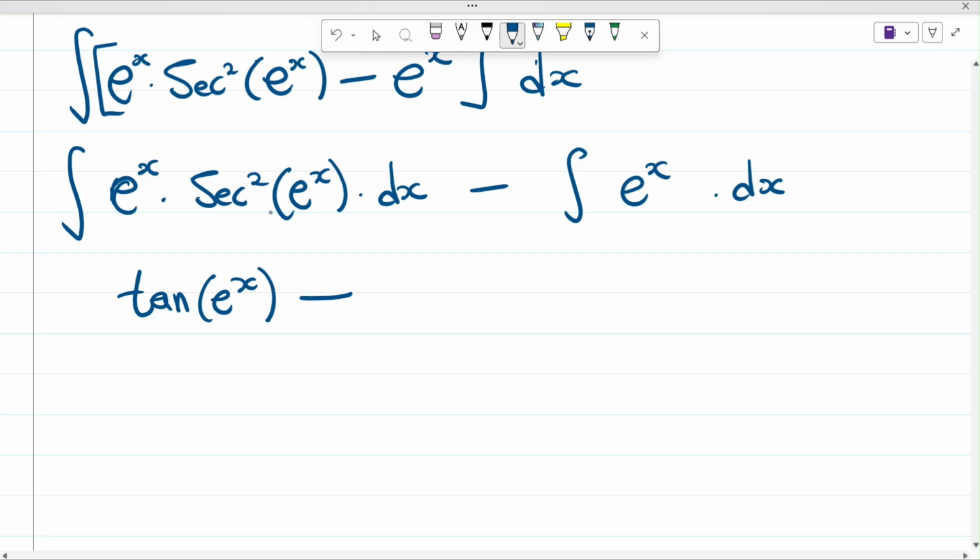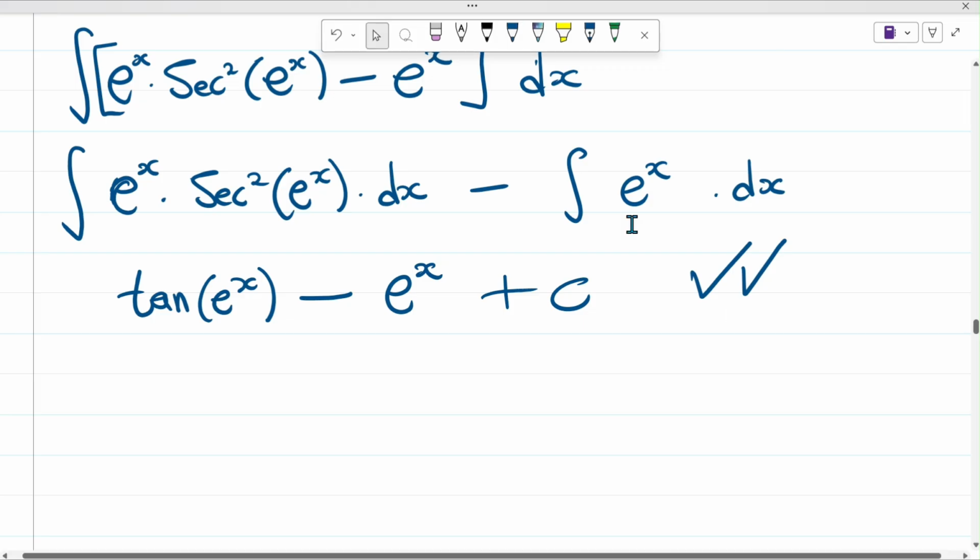Then we move to the other term, which never changes whether we're integrating or differentiating. The thing that was differentiated for us to get e to the power x was e to the power x, and then plus c. Ta-da! That's the answer for this one.